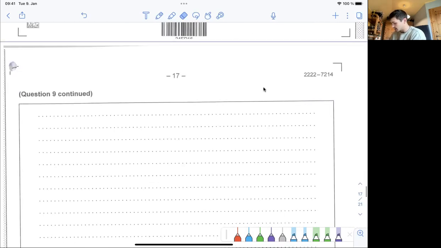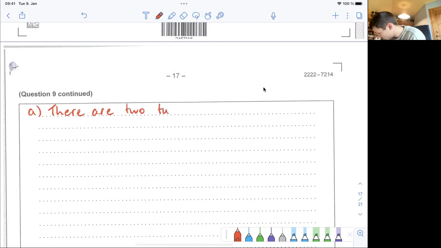So I'll just write down here, we'll say there are 2 turning points, we'll say a maximum and a minimum.